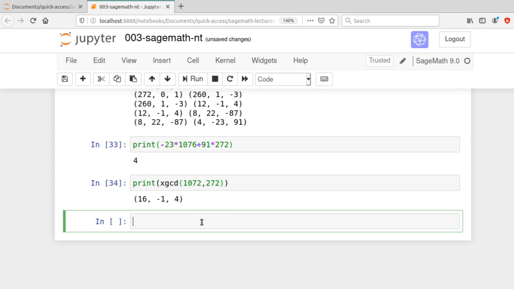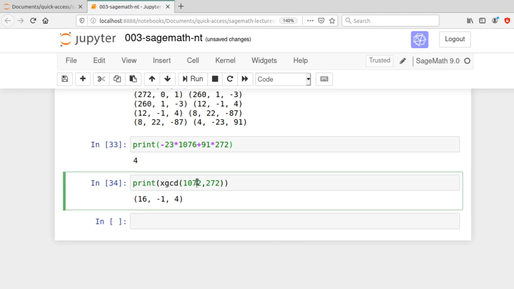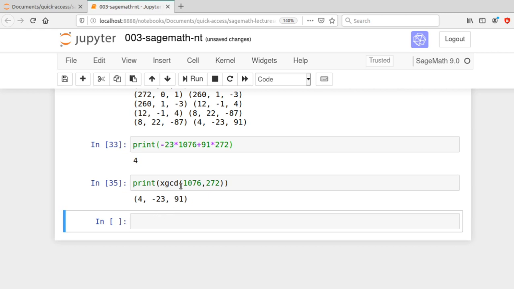That turns out to be equal to 4. So 4 equals minus 23 into 1076 plus 91 into 272. This is what the Bezout identity coefficients are. We can directly also find the coefficients.